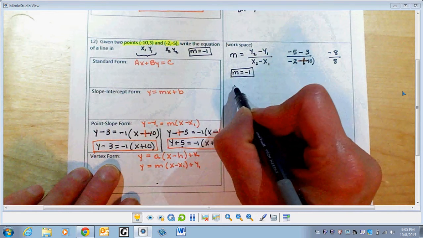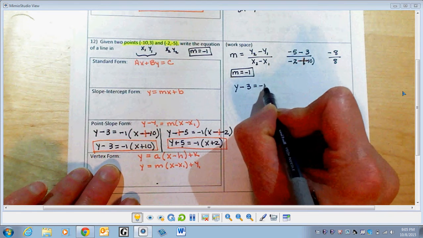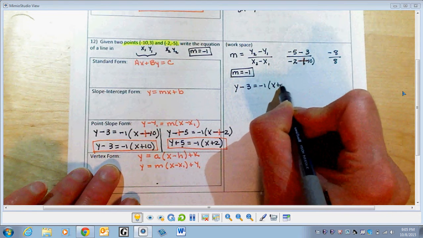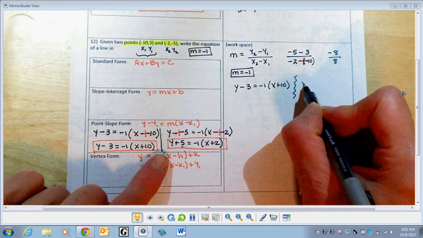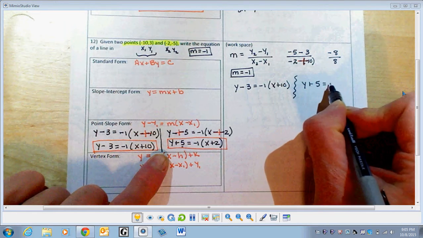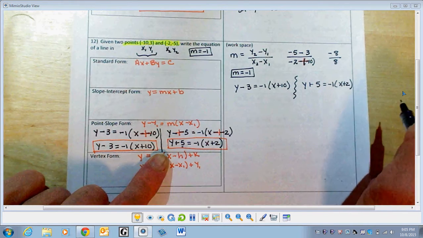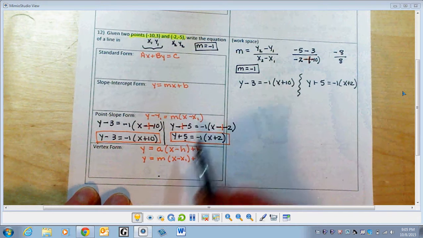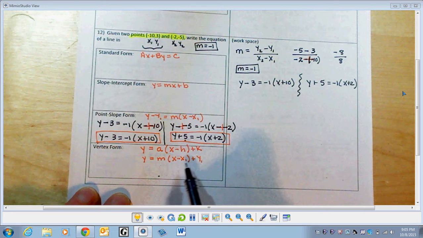So my first equation was y minus 3 is equal to negative 1 times a quantity x plus 10. My other one was y plus 5 is equal to negative 1 times a quantity x plus 2. Okay, so if I want it to be in this form, notice my y is by itself, which means I move that y1 to the other side.